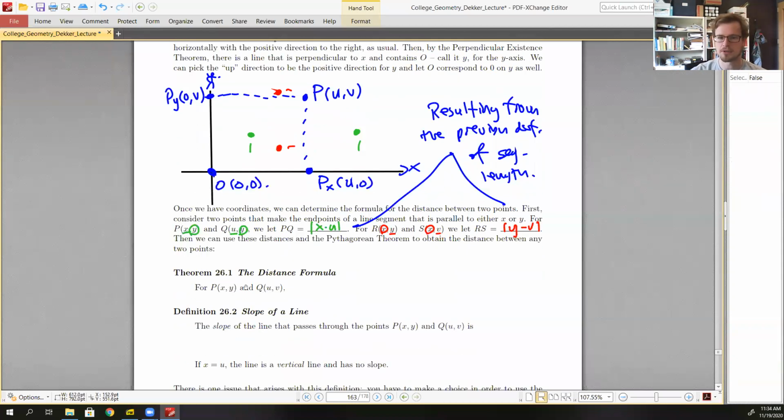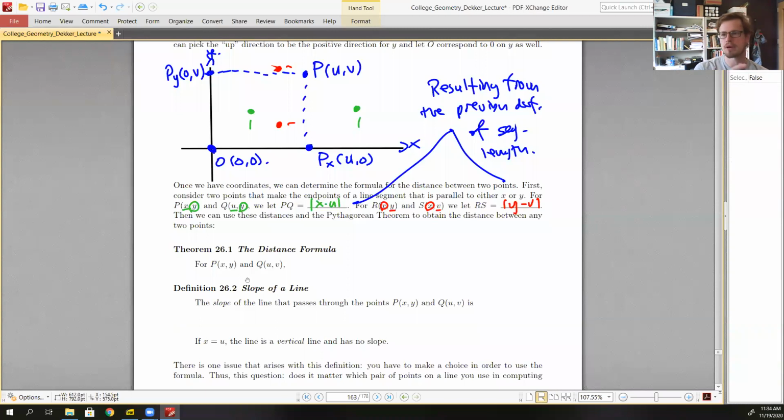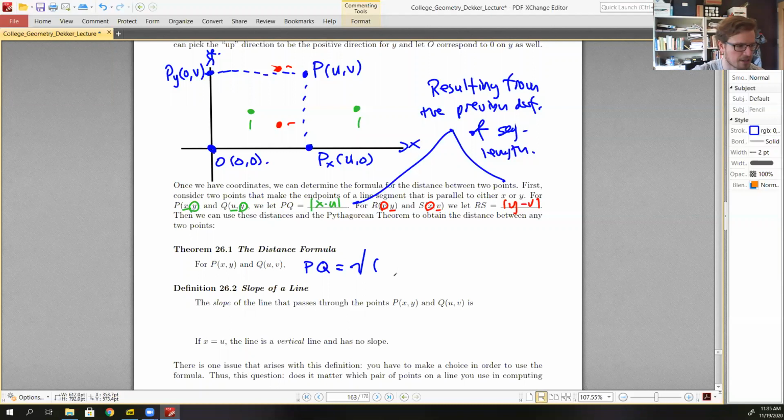So then things get a little bit more interesting when we say, all right, well, what about points that are not horizontal or vertical of one another? So then we get the distance formula. And this we are familiar with as well. It's the usual distance formula. So the distance from P to Q is given by the square root of the change in x values squared, so x minus u squared.